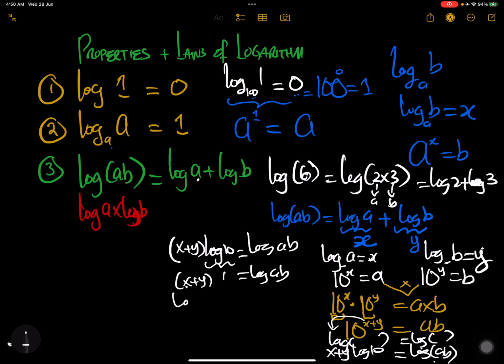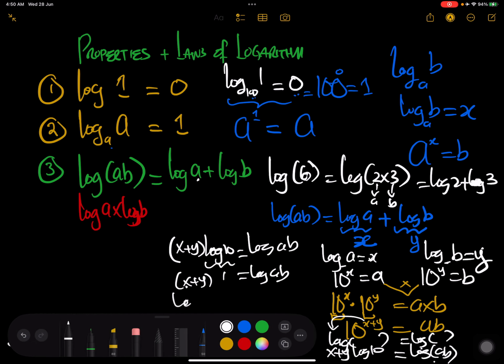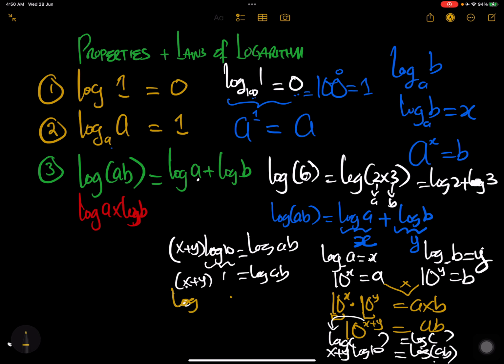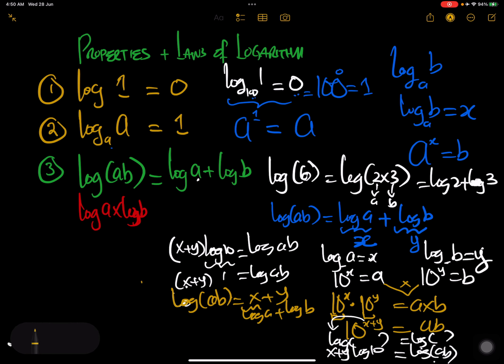So now we have log AB equal to x plus y. And we know this x is log A and this y is log B. I hope this proof clarifies where we are getting this particular formula.